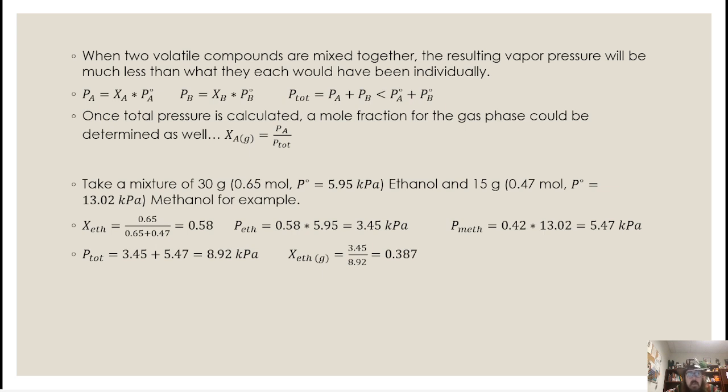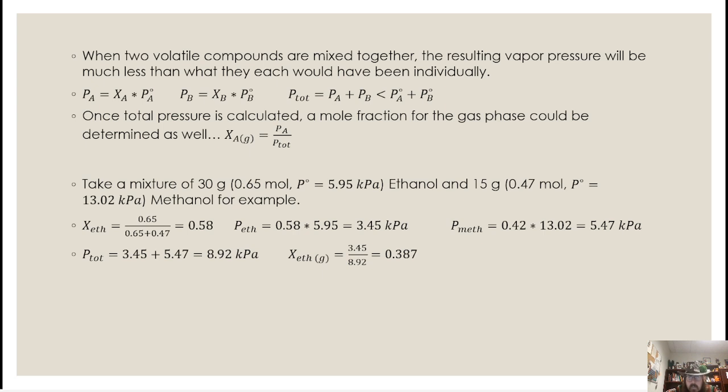So just looking at the math, not actually doing it here, if I took 30 grams of ethanol, which would be 0.65 moles, it has a pure vapor pressure of 5.95 kilopascals.